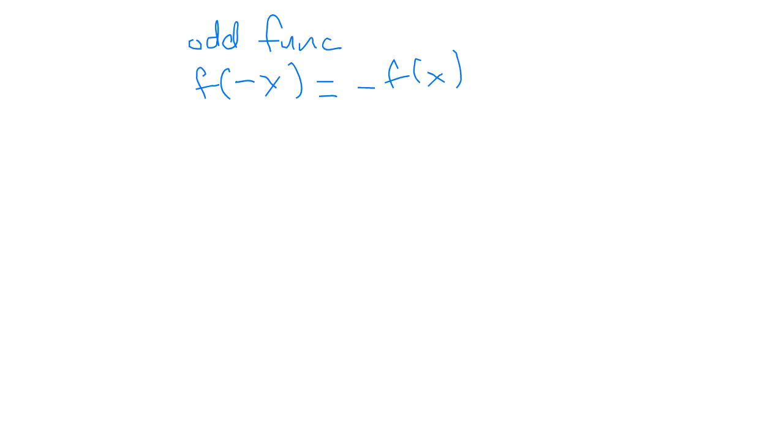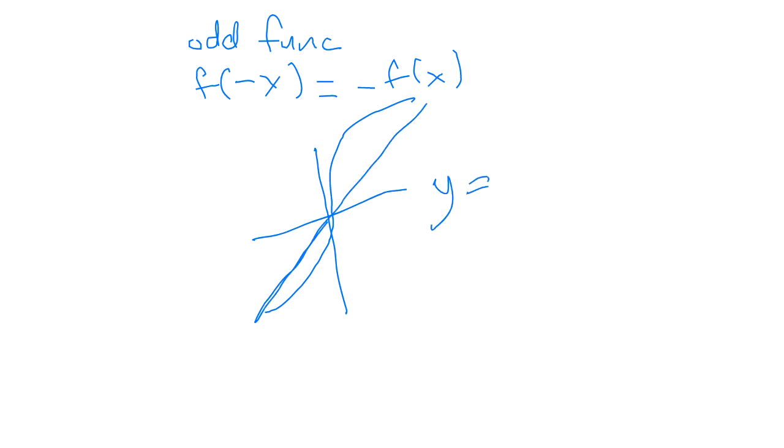So essentially it's going to look something like this. If you look closely, we kind of have some mirror against y equals x. So that is essentially a quick way to determine even or odd.